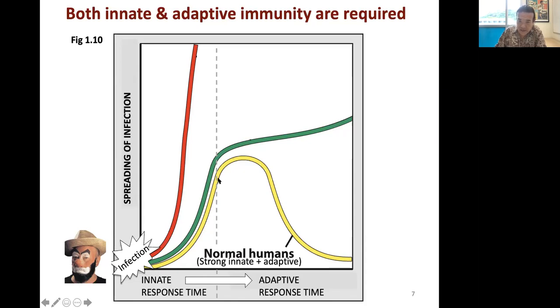And the adaptive side, after this time lag, right, that's why this dotted line is here, once the adaptive side kicks in, then all of a sudden there's a very powerful defense that eliminates the infection, okay? But remember, to the left of this dotted line, this is before the adaptive side has kind of activated.